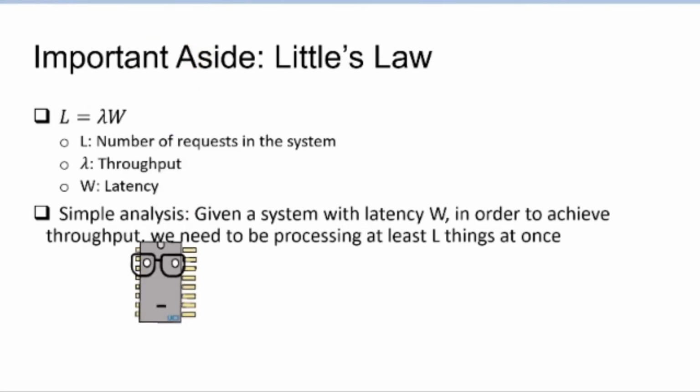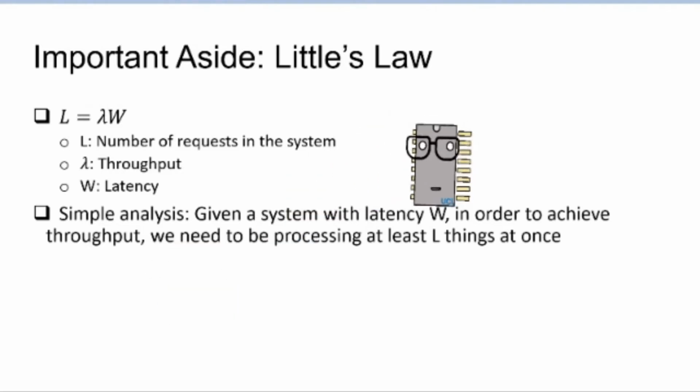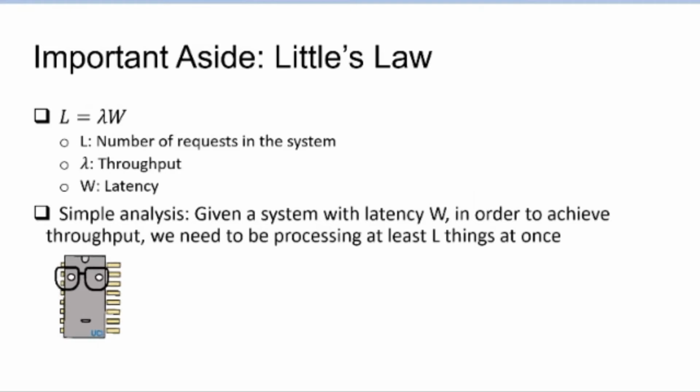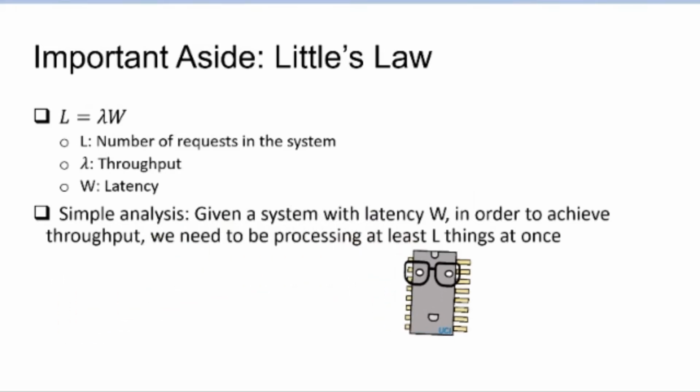And if you turn it around, another simple analysis is if we have a system with latency W, if we want to achieve a certain amount of throughput, we need to be processing at least L things at once.